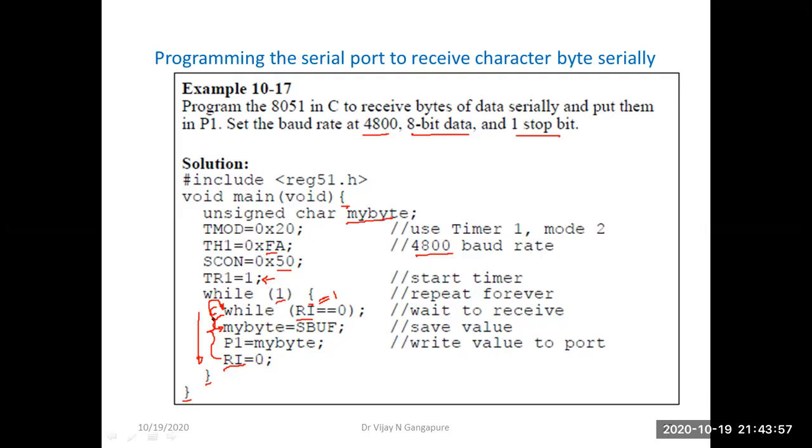The same statements will be repeated, so the second character will be received, and so on. Continuously the character bytes will be received by this while loop, and these characters will be outputted to port 1. In this way, reception happens using the serial port of the 8051 via the RXD pin.